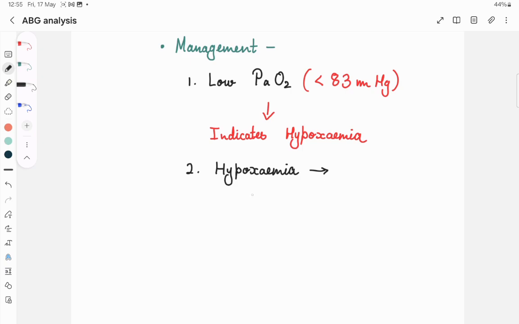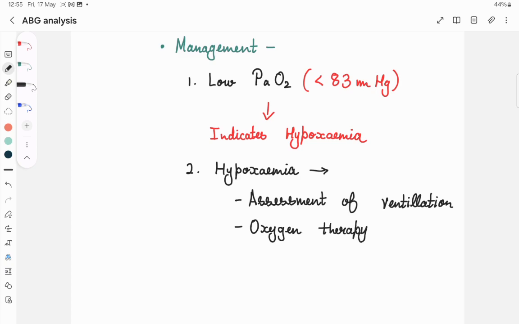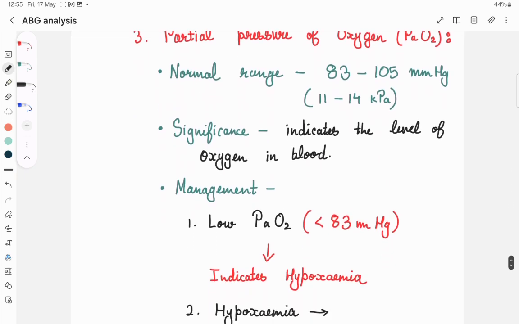So what do we do in hypoxemia? We assess for ventilation and we start oxygen therapy.